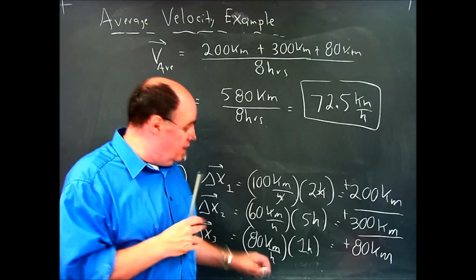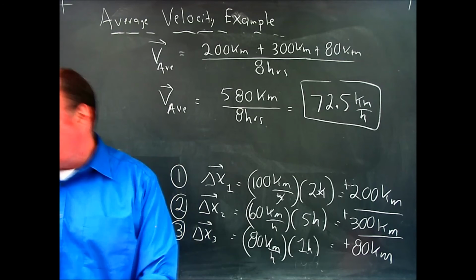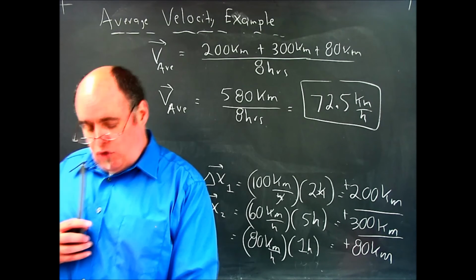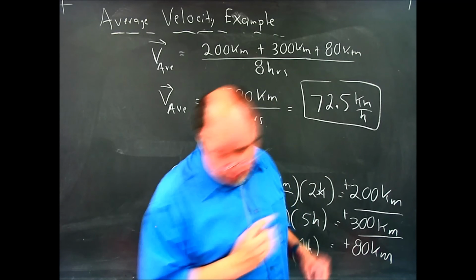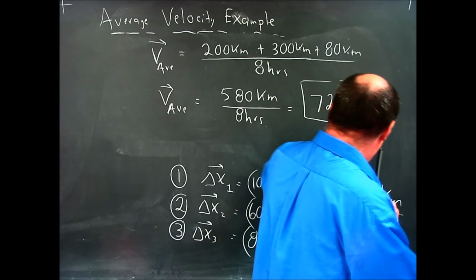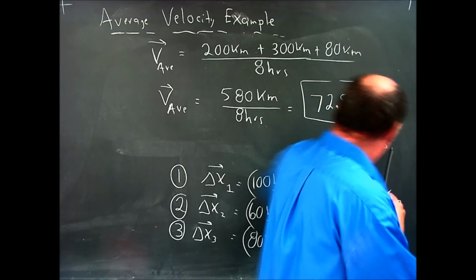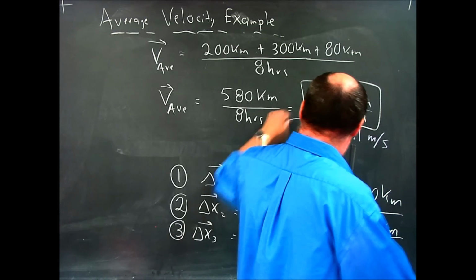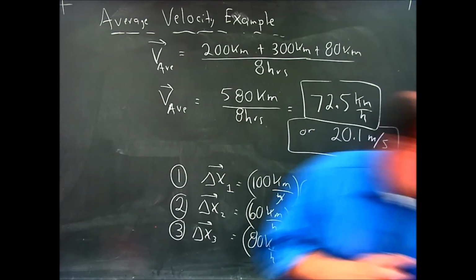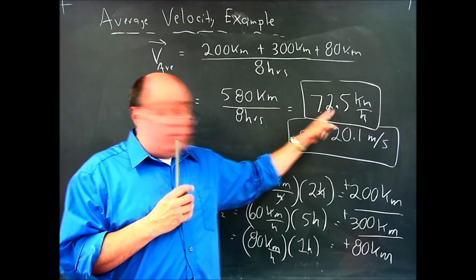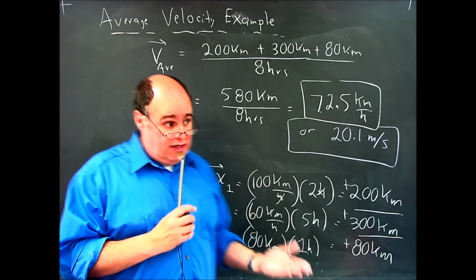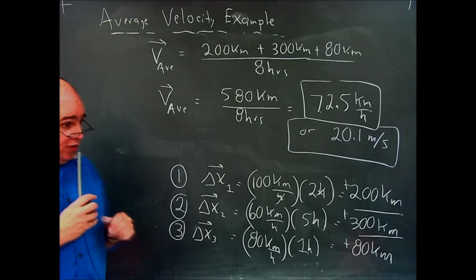If somebody else did that with standard units, it would work, but the standard units would be just humongous numbers. So with the standard units, it would come out to be 20.1 meters per second. So the answer would be 72.5 kilometers per hour, which is the exact same as saying 20.1 meters per second.